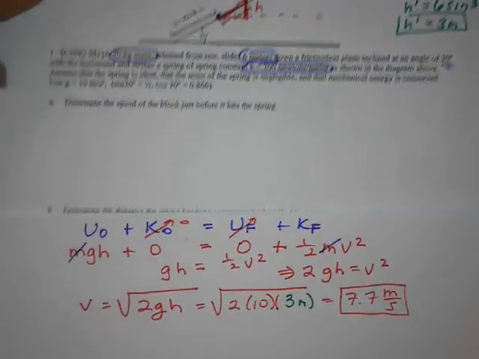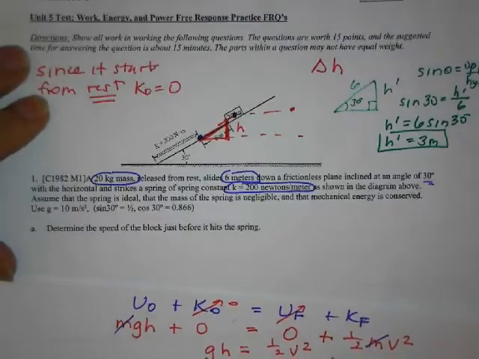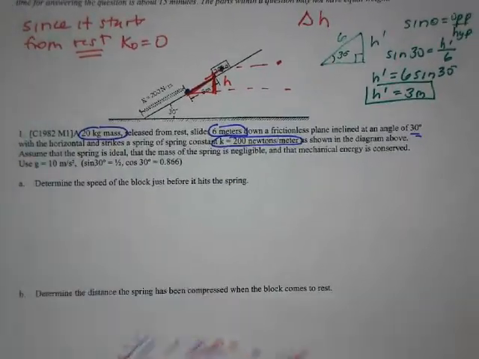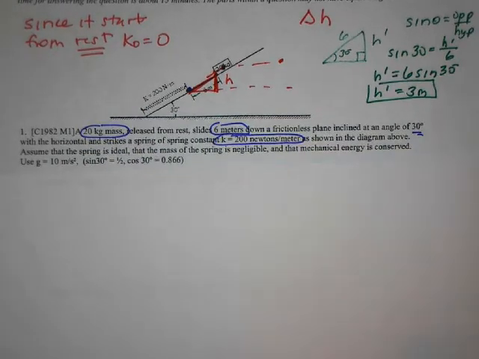All right, so then part B says, and again, we have to keep looking at this picture, determine the distance the spring has compressed when it comes to rest. So now it's going to be stopping. Again, I can pick any 2 points I want to figure that out.